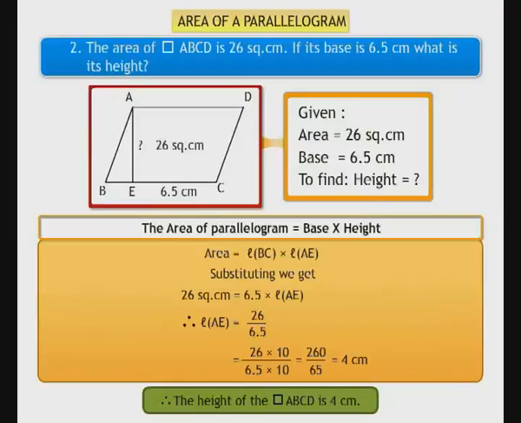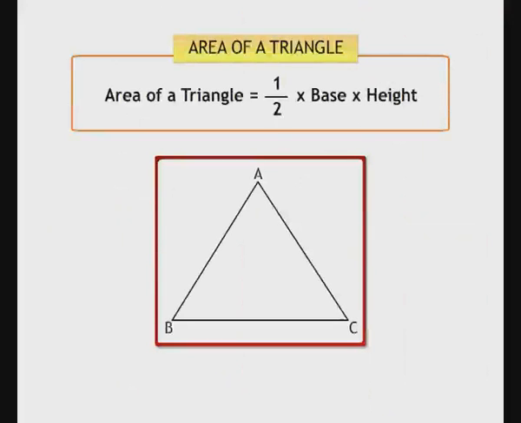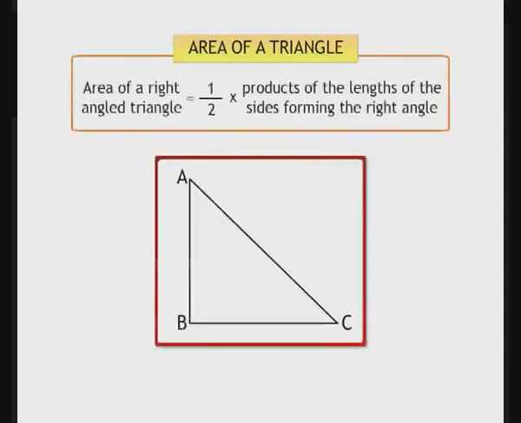By substituting, we get area of a triangle is equal to 1 upon 2 into length BC into length AB, which is equal to 1 upon 2 into 20 meter into 30 meter. Reducing to the lowest term, we get 300 square meter.